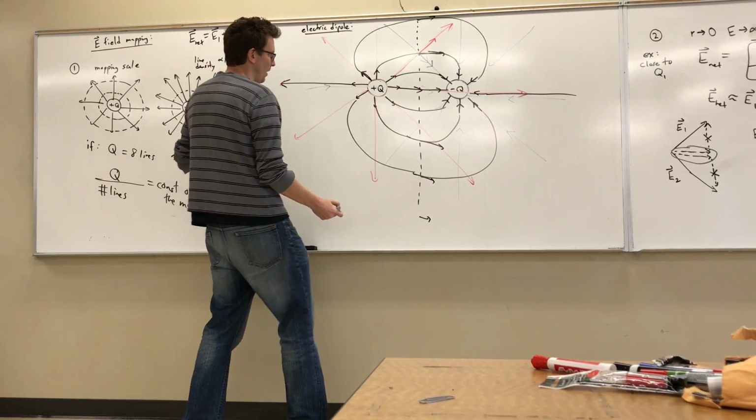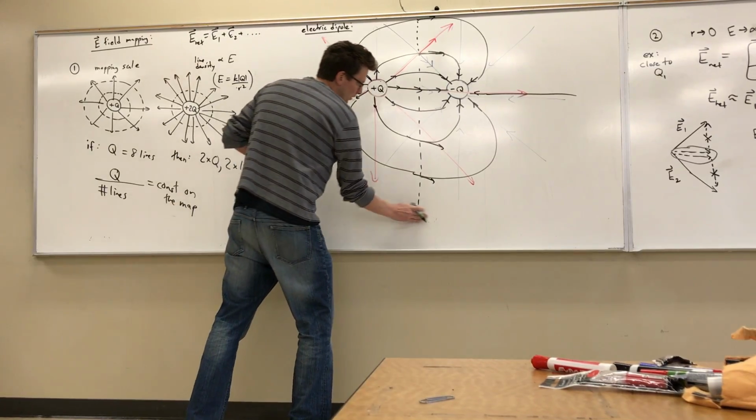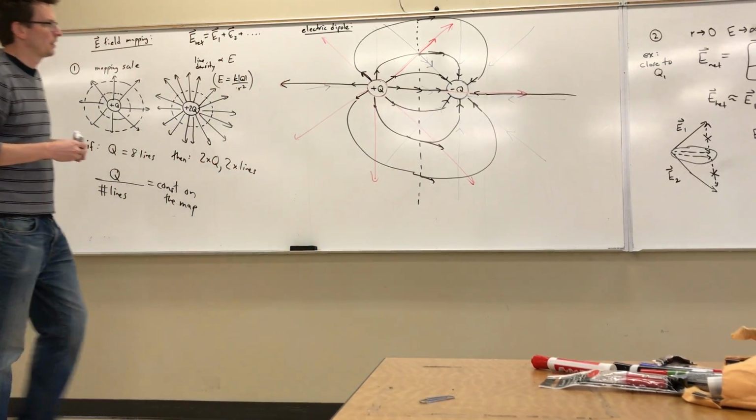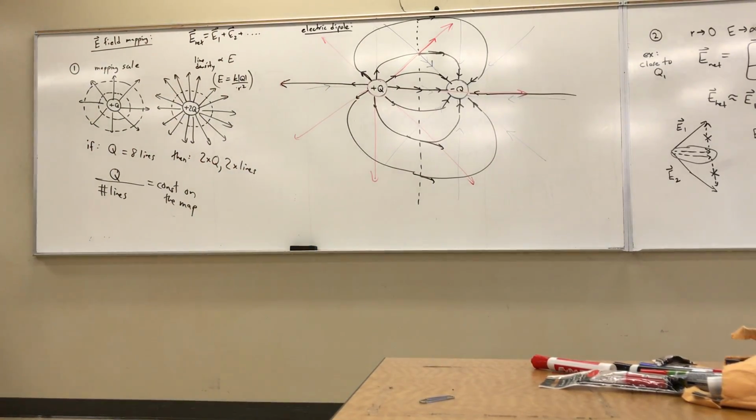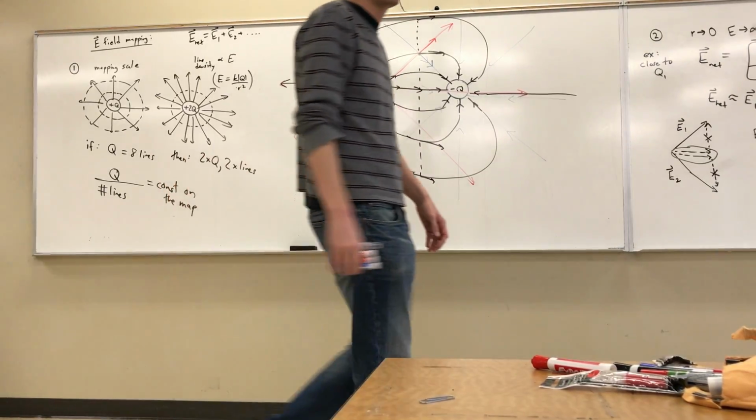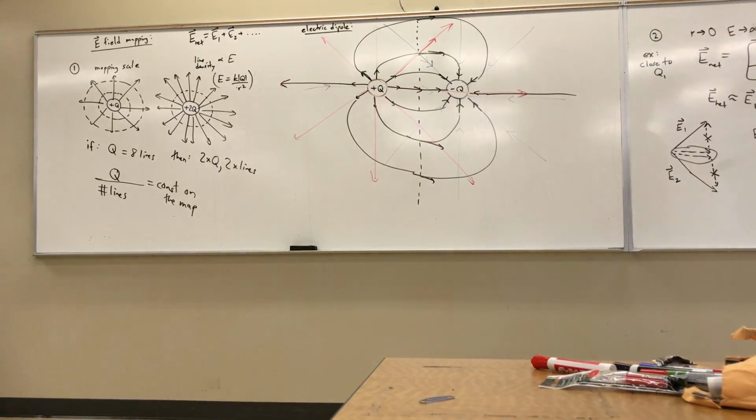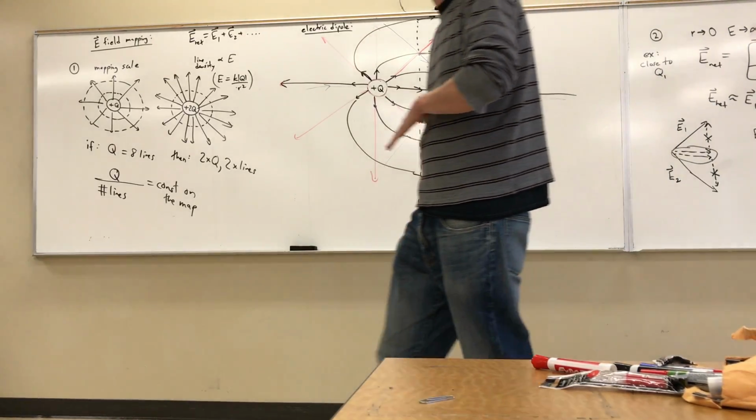I guess this one didn't have a friend because I already connected everything. So that's basically what the field looks like. This is going to be your classic dipole field. We're going to see this field a ton, and so it's an important case to do. That's the net electric field surrounding an electric dipole.